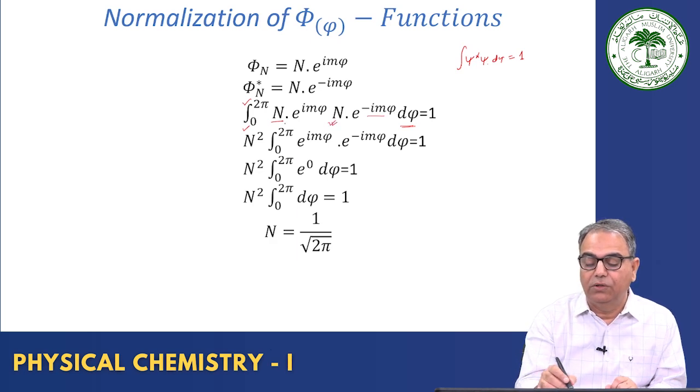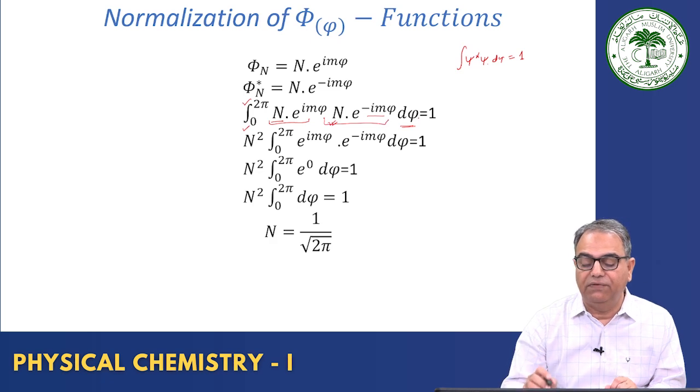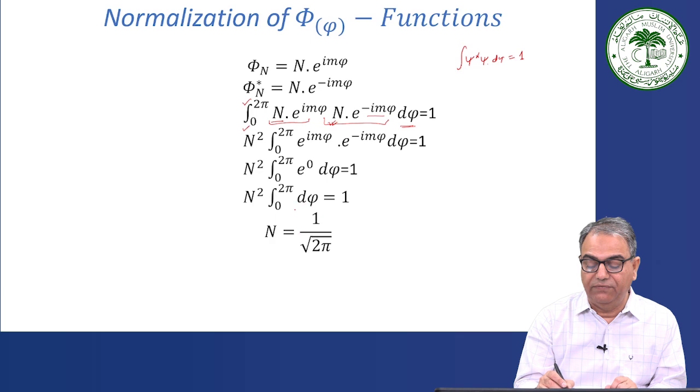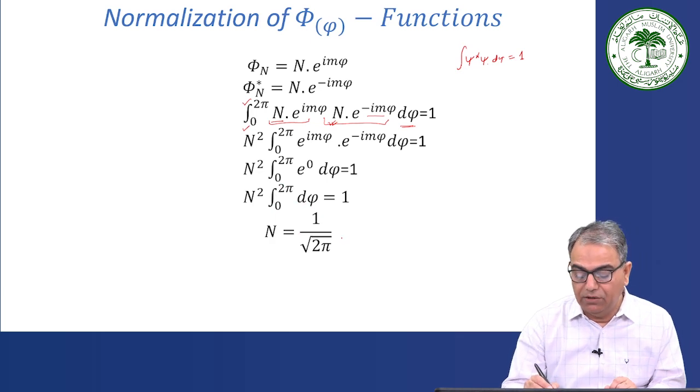This is one function, this is another function, the normalized function, and the integral of d phi is equal to 1. It becomes e to the power 0, and e to the power 0 is equal to 1. So, it is the integral of d phi between limits 0 to 2 pi, and the normalization constant comes out to be 1 by root 2 pi.